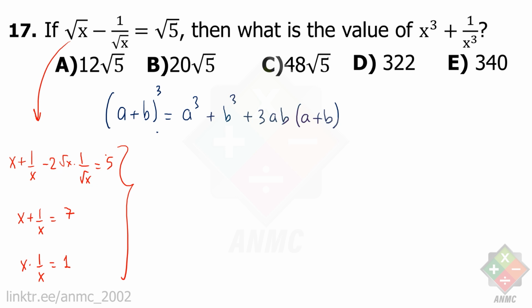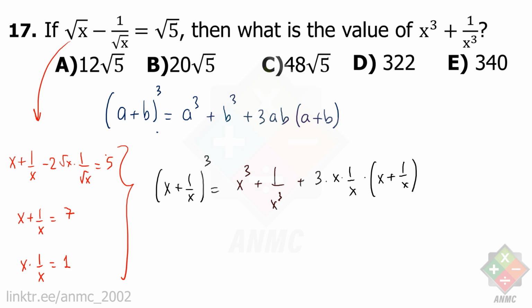Let's use the formula on the right side. x plus 1 over x to the power of 3 is equal to x cubed plus 1 over x cubed plus 3 times x times 1 over x times x plus 1 over x. Totally, let's see the answer. 7 cubed is 343, equal to x cubed plus 1 over x cubed plus, what is x times 1 over x?